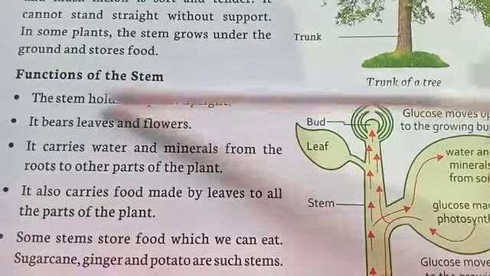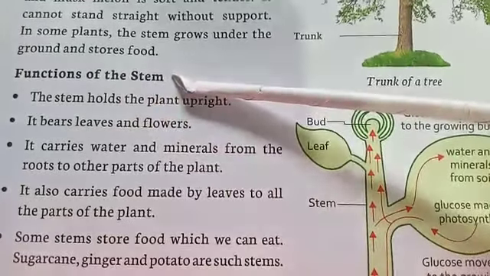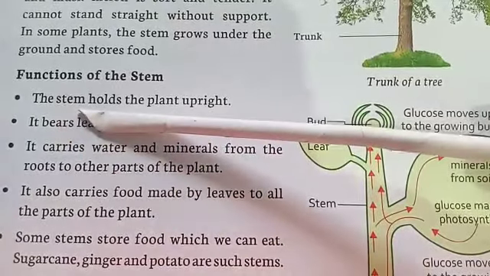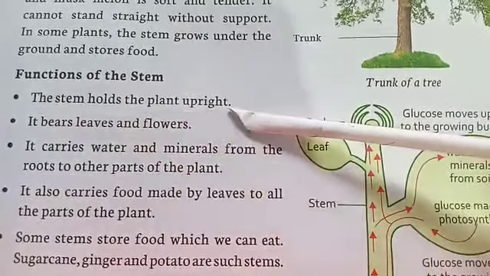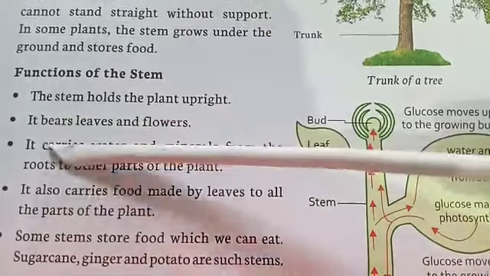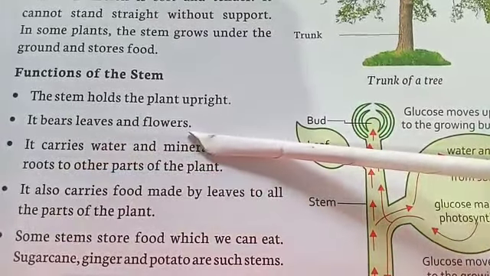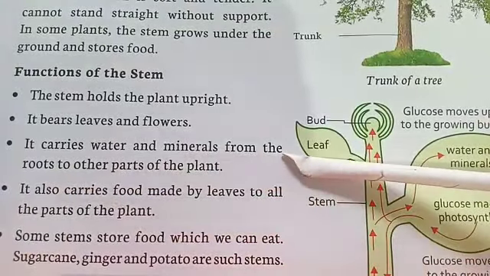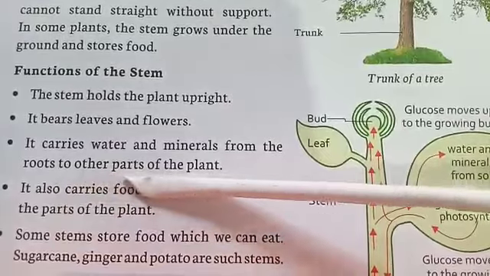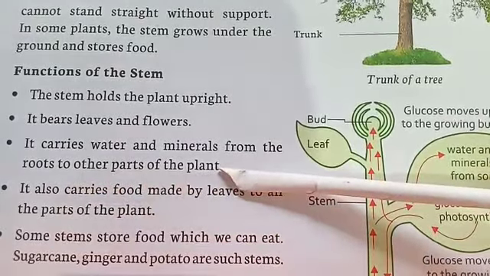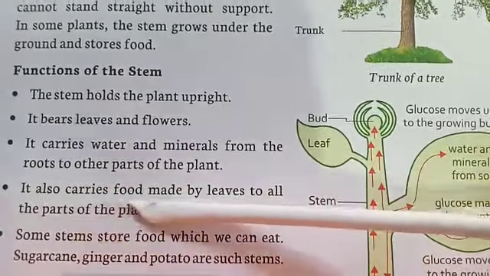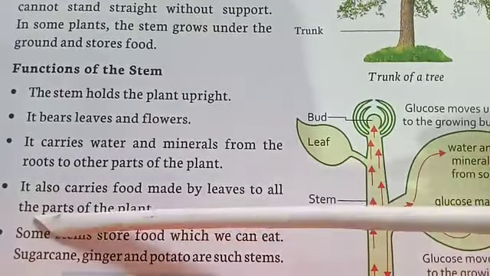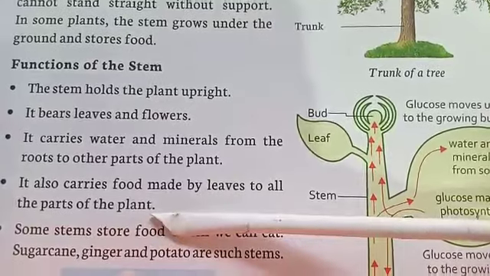Functions of the stem. Now, what function of the stem we will read. The stem holds the plant upright. It bears leaves and flowers. It carries water and minerals from the roots to other parts of the plant. It also carries food made by leaves to all the parts of the plant.